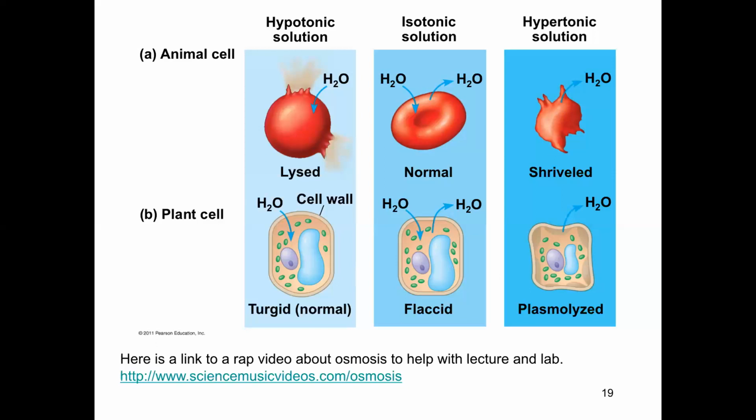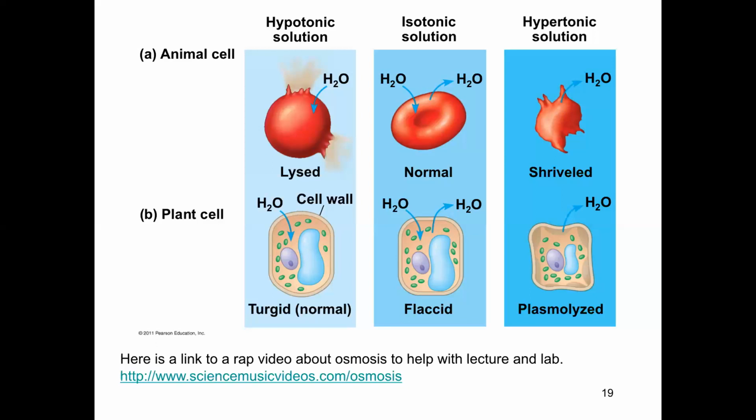We don't have a cell wall, so this is why we have this problem. But as you know, we have skeletons and stuff to keep us rigid or standing upright, but plants do not. So what they rely on is water pressure. So plant cells are actually happier in a hypotonic solution where the water is flowing into the cell. And these cells don't burst because the cell wall is on the outside to prevent that from happening.